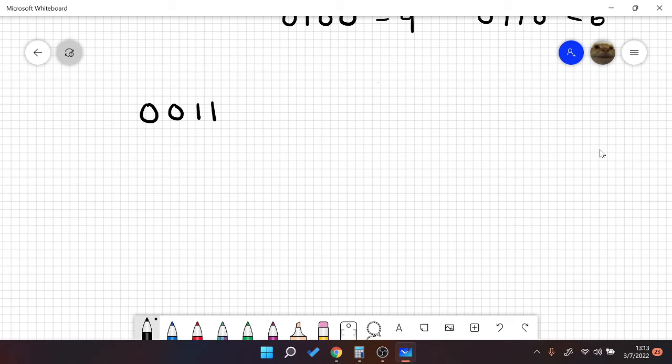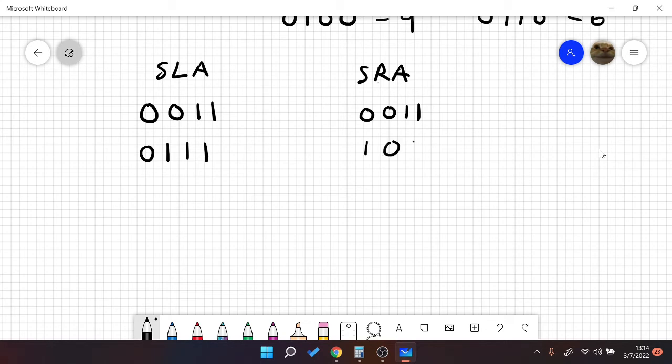So let's do that. So that's our shift left arithmetic. And let's say we wanted to shift right. Let's say we have this, and we're going to shift in a 1 on the right side. So we shift in a 1, and then we get 0, 0, 1.